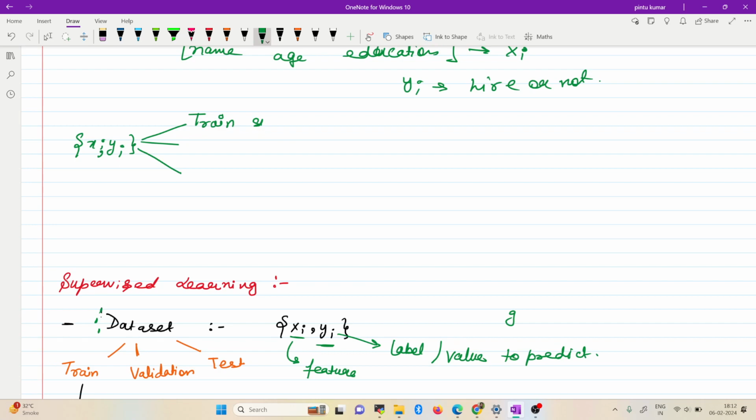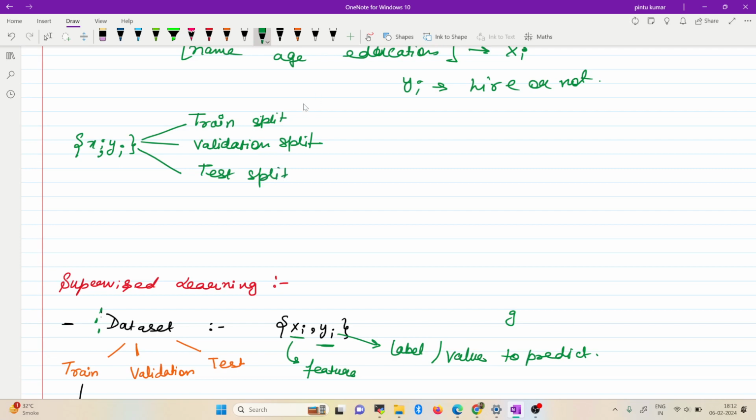These sessions are recorded, so you will get the videos from the course page. The second split is known as the validation split. And the last split is called the test split.